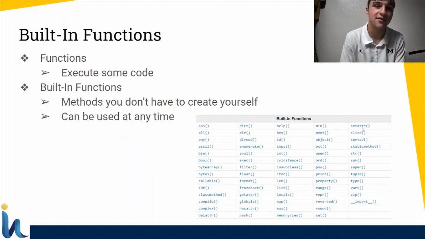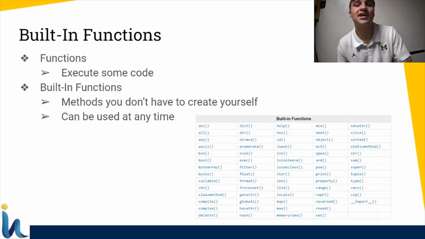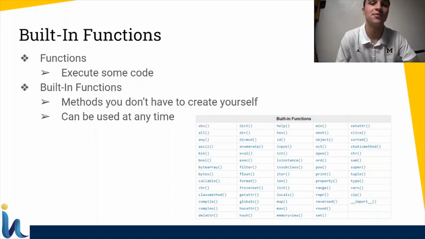And some of the built-in functions, as a review: functions execute some kind of code. So built-in functions are methods that you don't have to create yourself. This is a list of a bunch of functions in Python that you do not have to create. You can just use them straight out of this. For example, abs returns the absolute value of a number. So if you were to put in a negative, it would just return a positive.